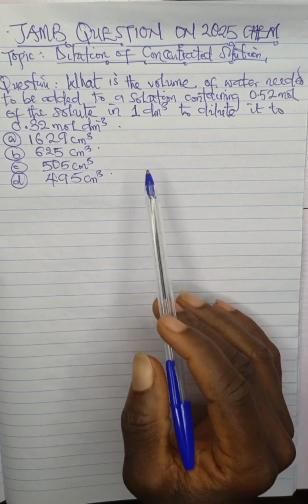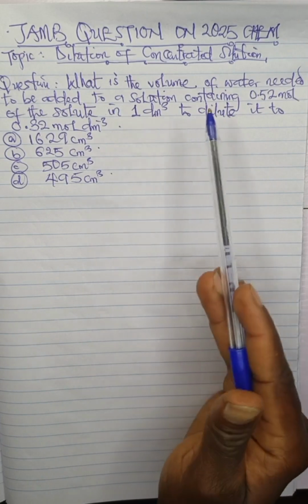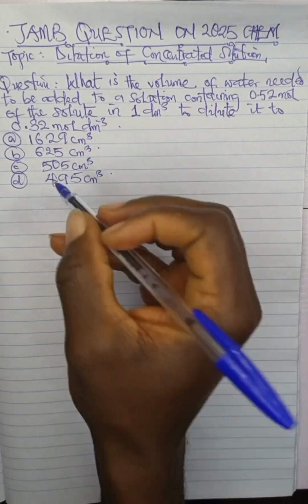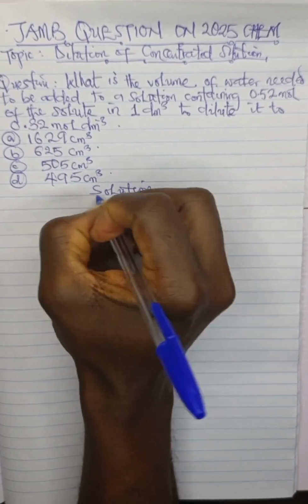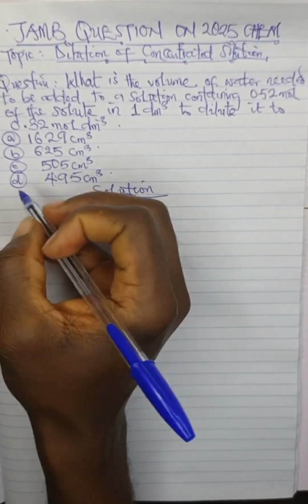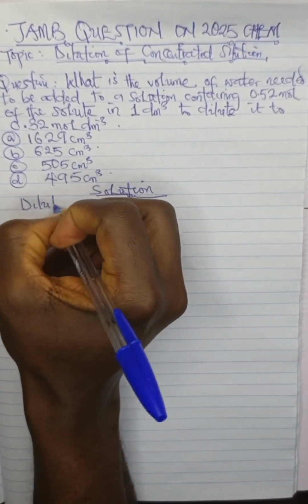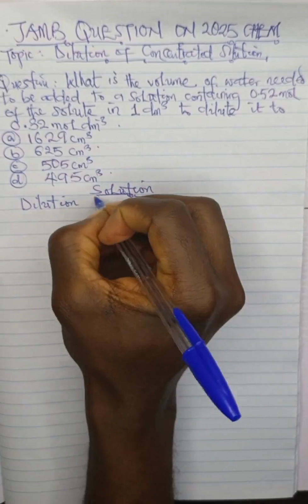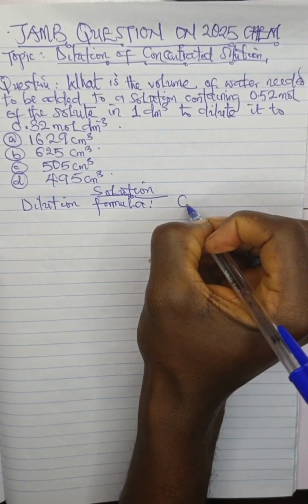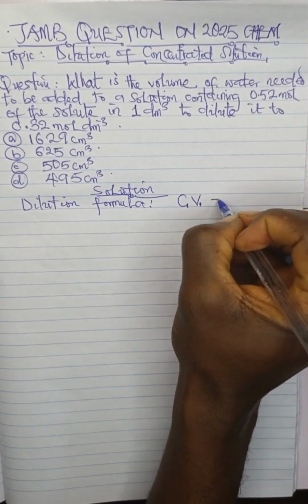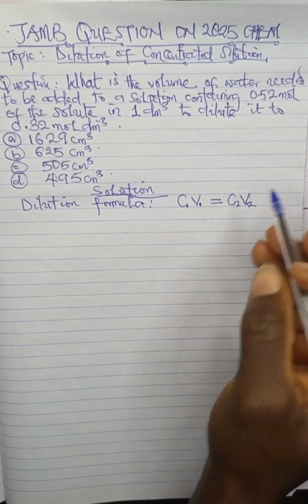Now the question is from dilution of concentrated solution, hence it has a formula. So to solve the exercise, the formula for dilution is C1 V1 equal to C2 V2.